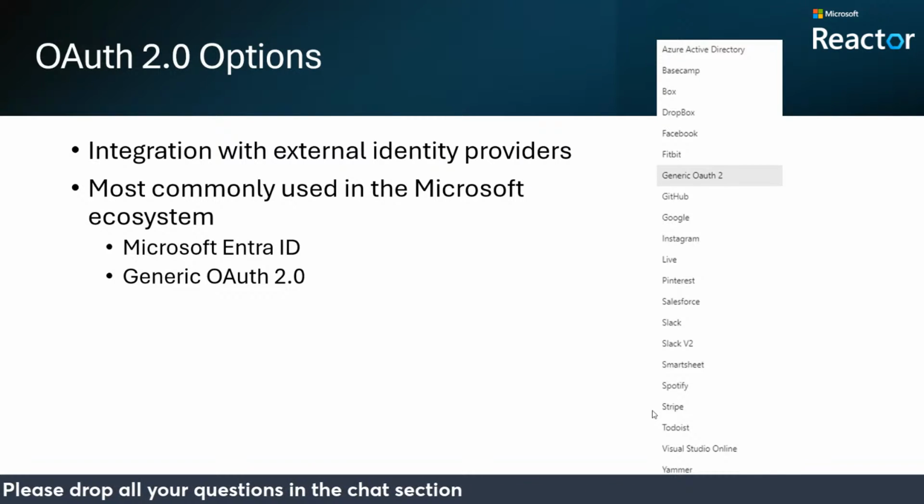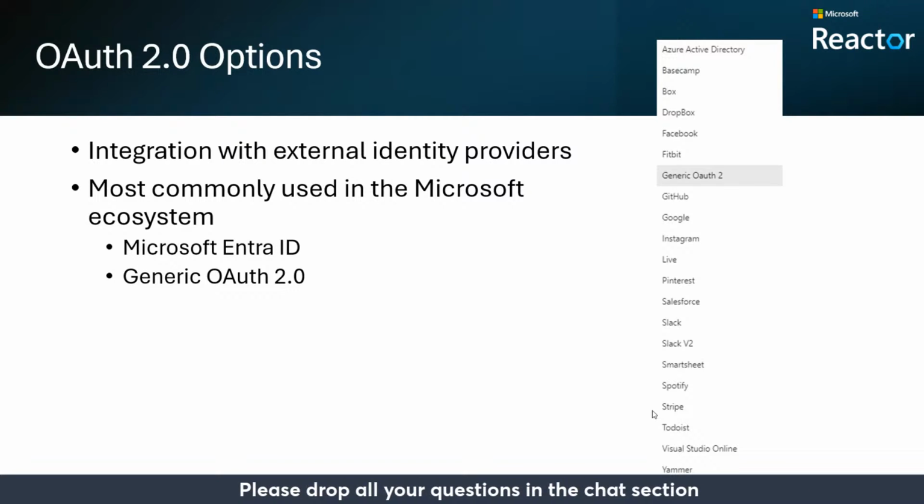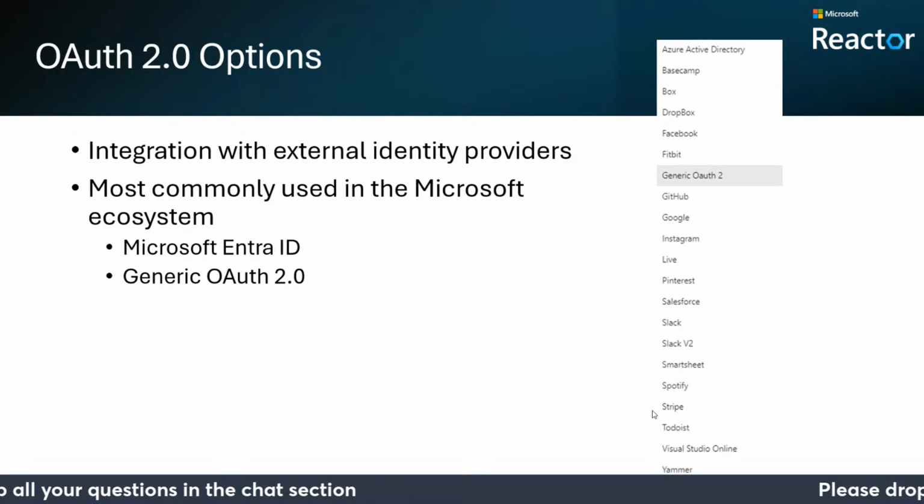There are plenty of external identity providers who provide OAuth authentication. But in the Microsoft ecosystem, we commonly use Microsoft Entra ID. And also for today's demo, we are going to use Microsoft Entra ID.